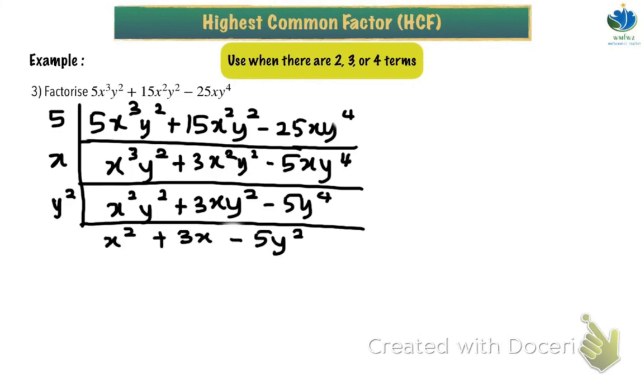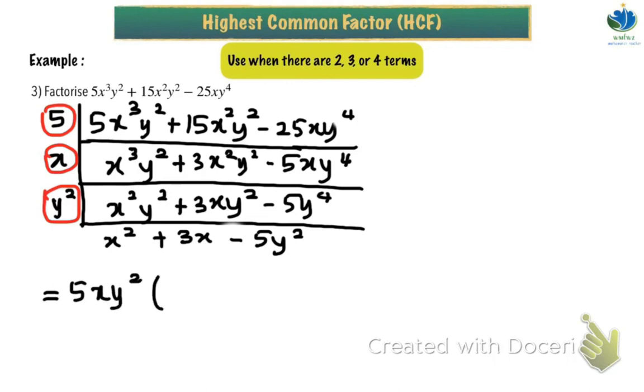If you see here, the terms can't be divided again. So next, we see the divisors and multiply them. 5 multiplied by x multiplied by y squared. So we got 5x y to the power of 2.